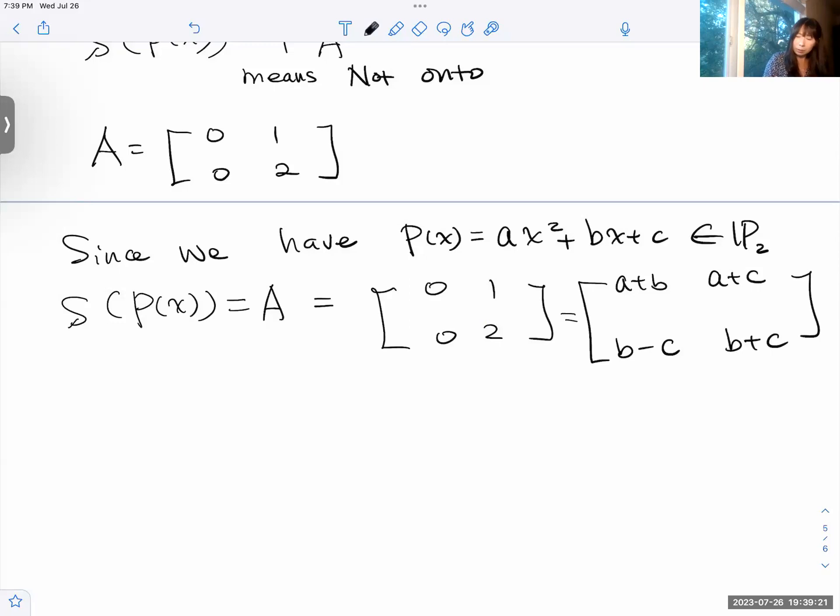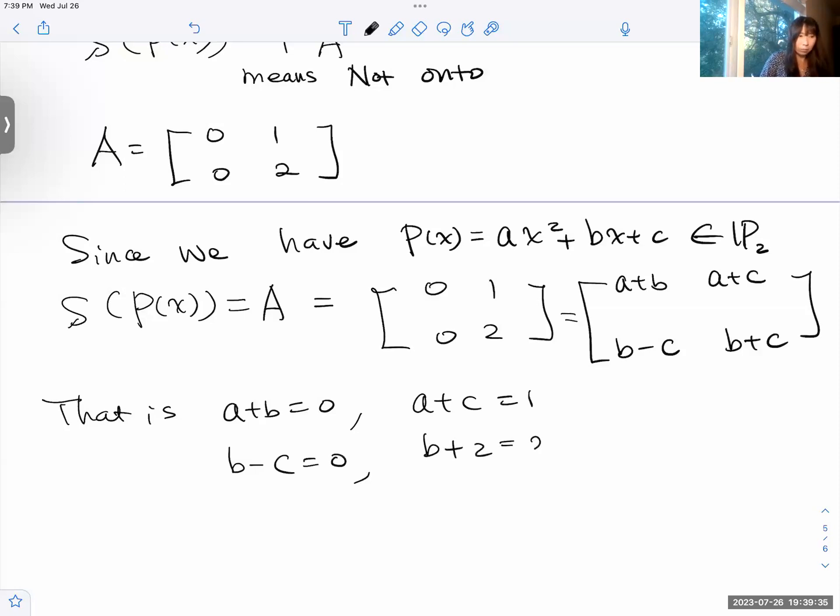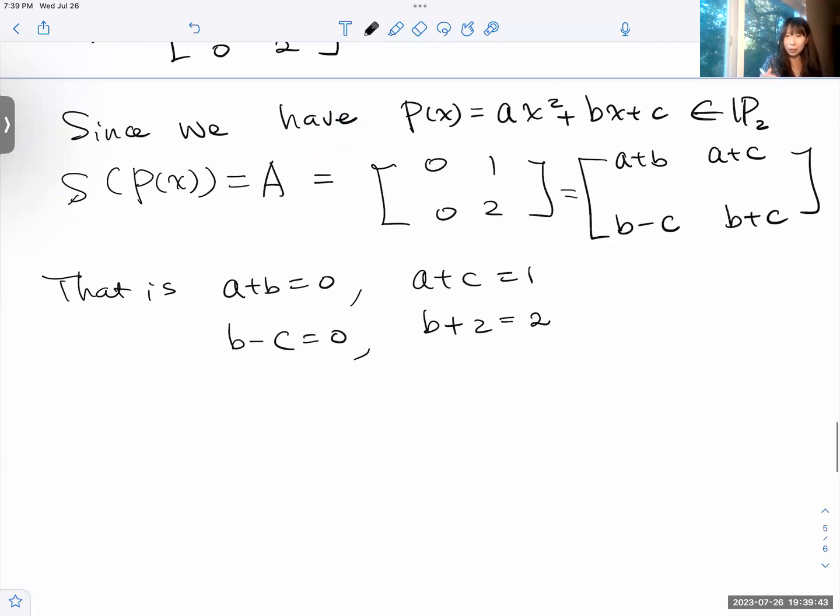So let me write it down. Okay, so we are making the augmented matrix. There will be columns for a, b, c. Looking at the first equation, a is 1, b is 1, c is 0, and the right side is 0, right?